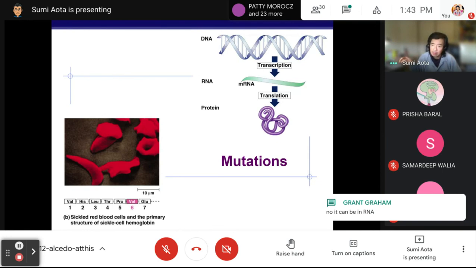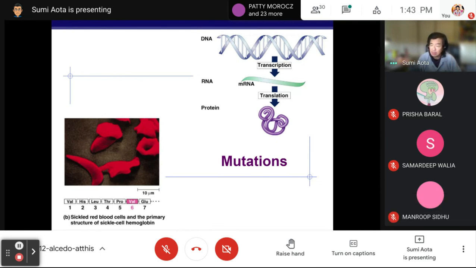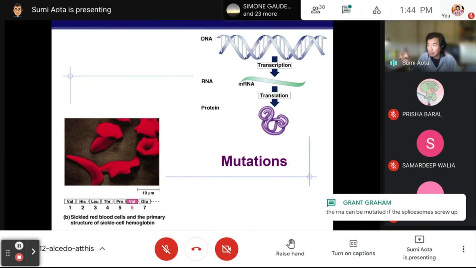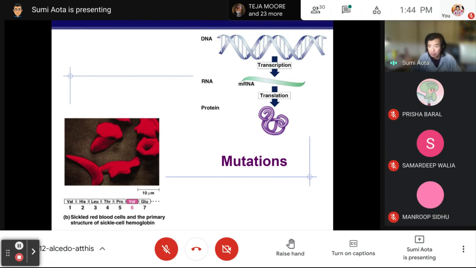So remember that for mutations, mutations can occur in either nucleic acid type, DNA or RNA. The only difference is that in DNA, it's in the nucleus and it may end up affecting a lot of different cells, whereas in RNA, it may only affect one round of protein synthesis. Okay? That's the real big difference.